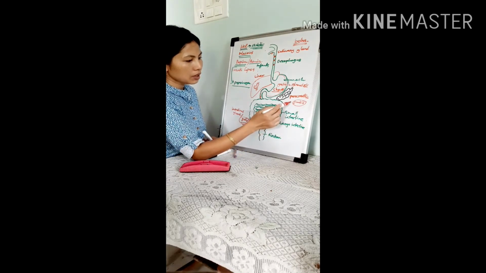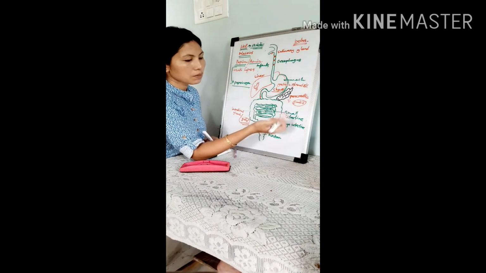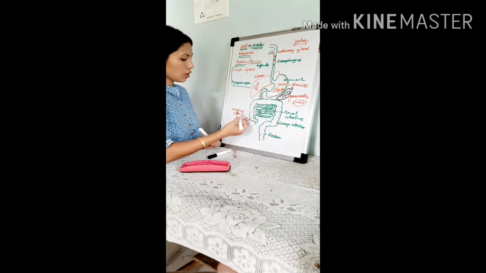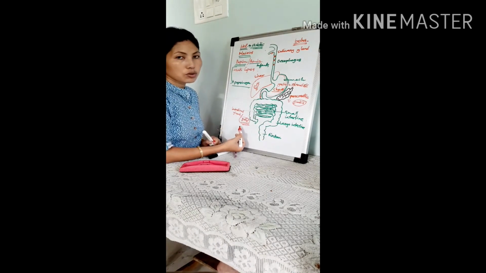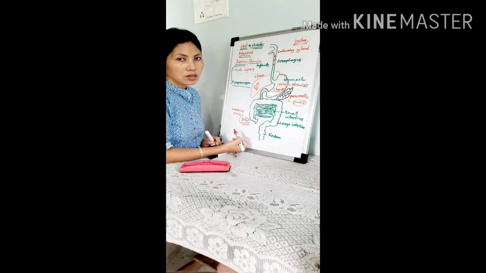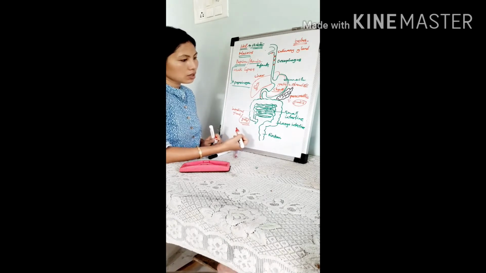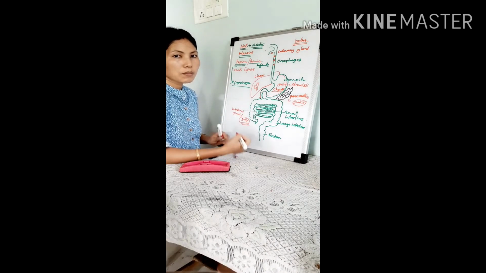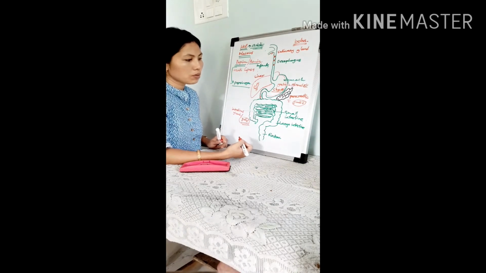Okay, so pancreatic juice contains enzymes like pepsinogen, pancreatic amylase, lipase. Likewise, the intestinal juice also contains amylases, proteases, lipases. Okay, so all these enzymes will finally break down the food into its simplest form, into its absorbable form.